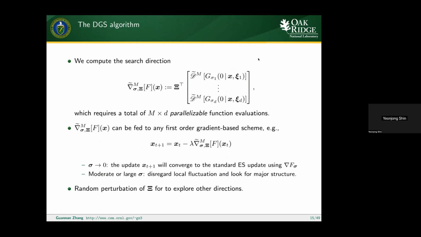Yes. The transform is necessary because those partial derivatives are defined under the coordinate system of C, right? You need to transfer it back to the canonical coordinate system so that you can perform gradient descent, because X is defined in the canonical coordinate system.